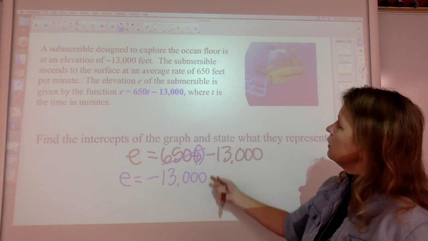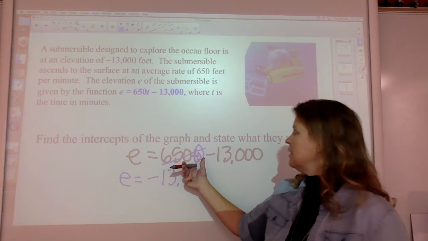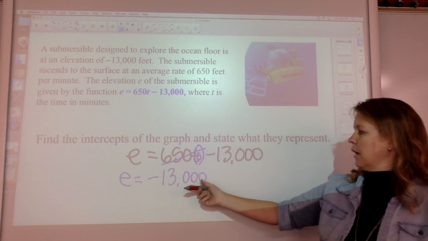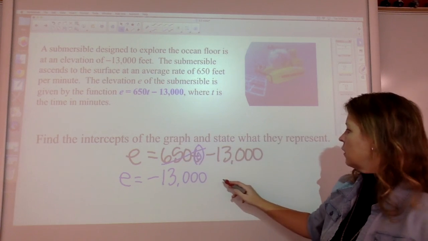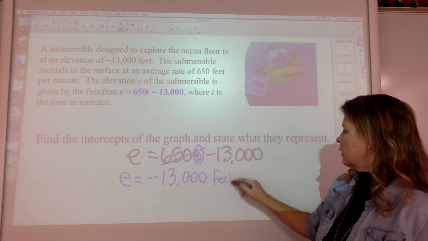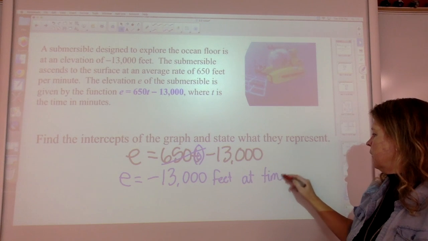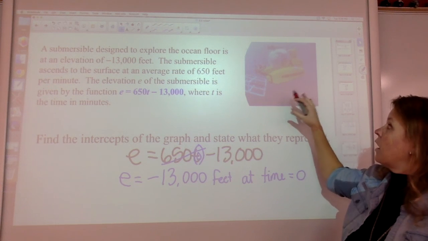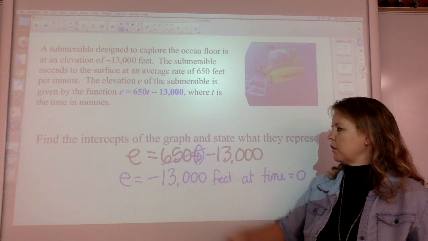The elevation E of the submersible. So when time is 0, it started at negative 13,000 feet. At time equals 0. So it started down at the ocean floor because we plugged in a 0 for time.